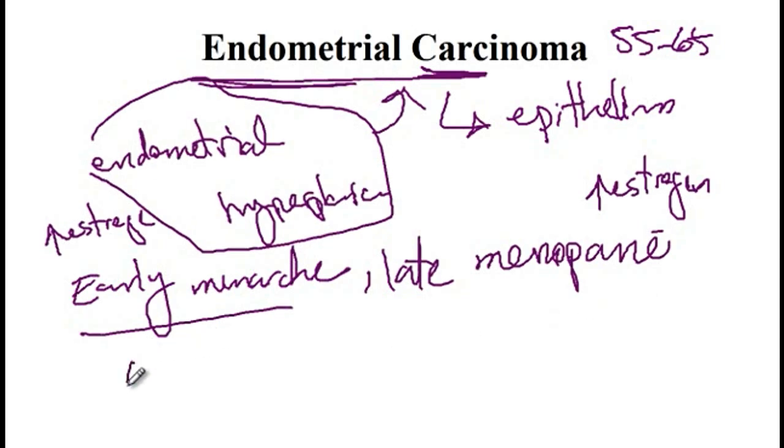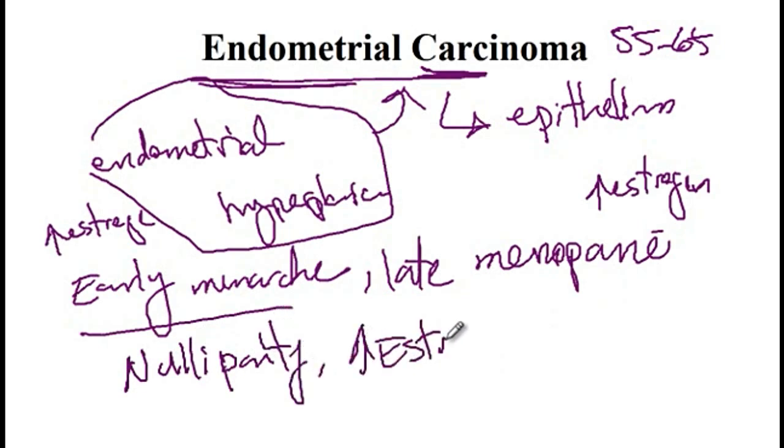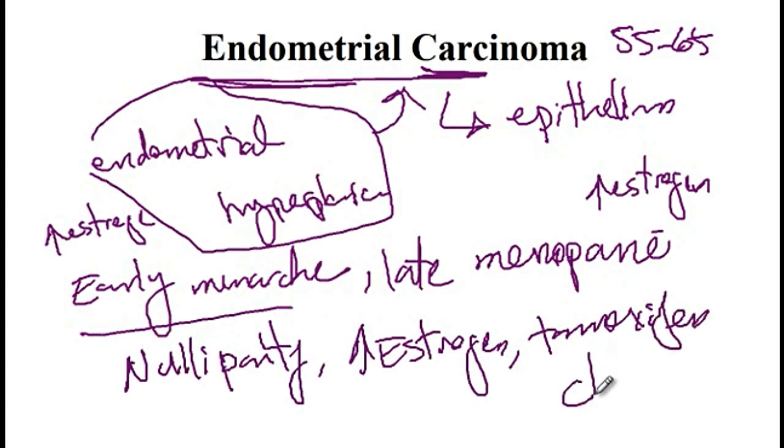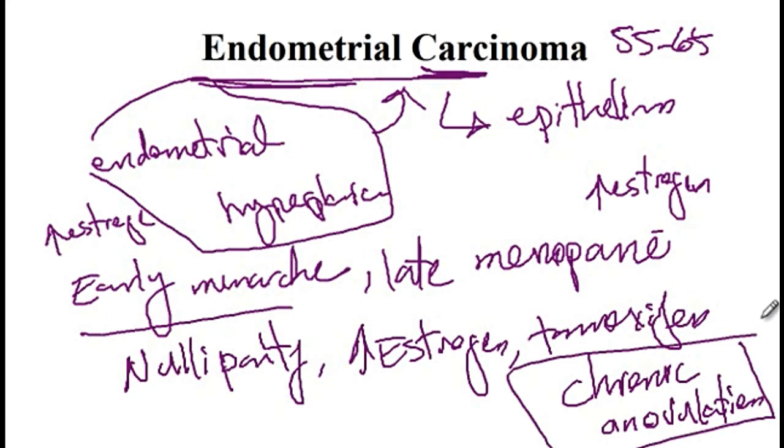Other risk factors include nulliparity, excess estrogen production from an ovarian tumor, estrogen replacement therapy, tamoxifen, as well as conditions that cause chronic anovulation, like for instance polycystic ovarian syndrome.